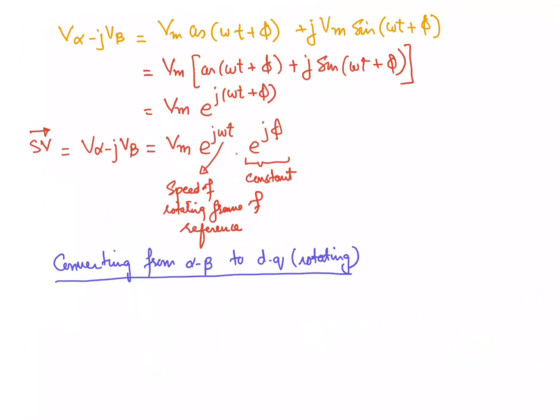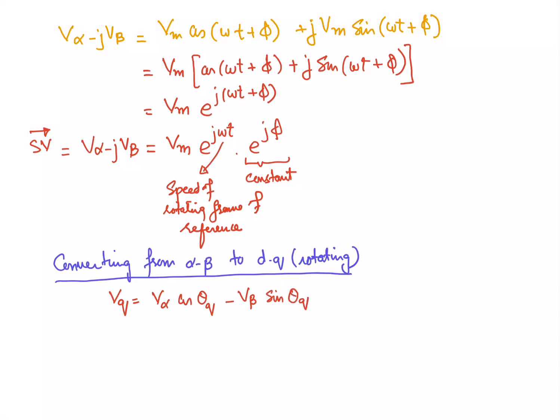So now let's move on and write down this one. We can say that Vq is equal to V alpha into cos of theta q, minus V beta into sine of theta q.